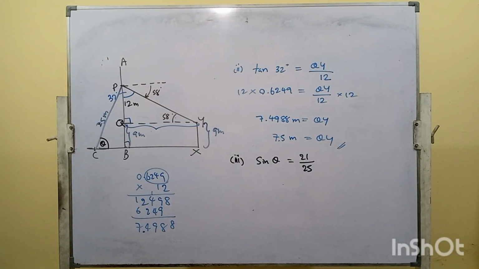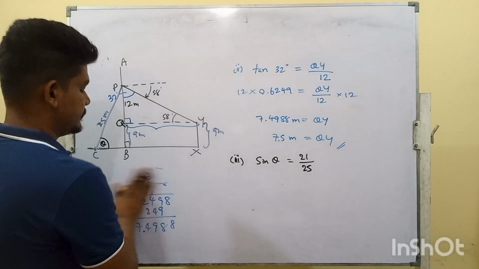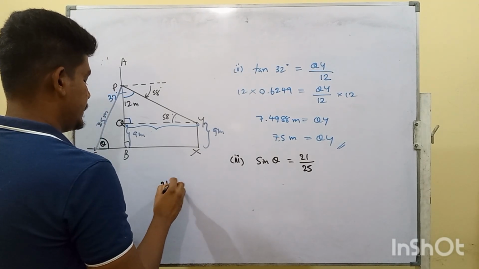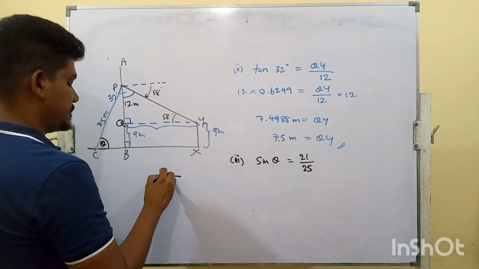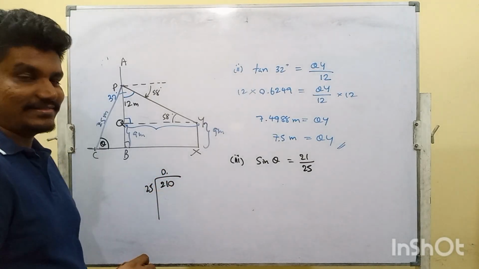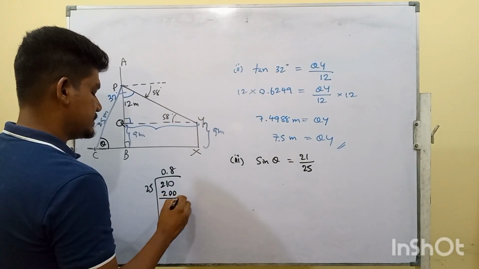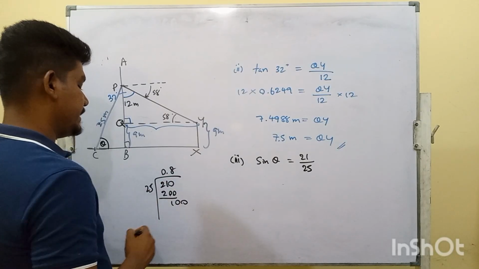Opposite over hypotenuse. We can divide and see, no? We can divide and get that answer. 21 divided by 25. 210, 25 times 8 is 200. 10 remaining, then 100, and put the value.